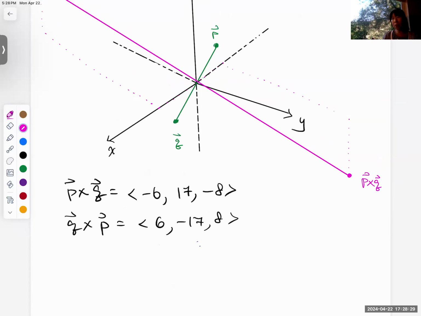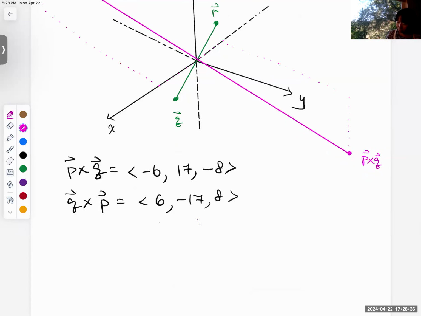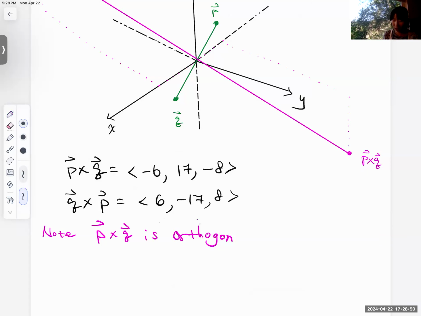Okay, so what we are doing: the cross product of P and Q is orthogonal to P and Q, all right? So let me write down. Cross product of P and Q is orthogonal. What was the orthogonal? We introduced this vocabulary last time, right? What was it? Perpendicular. Thank you very much in the chat. Excellent.